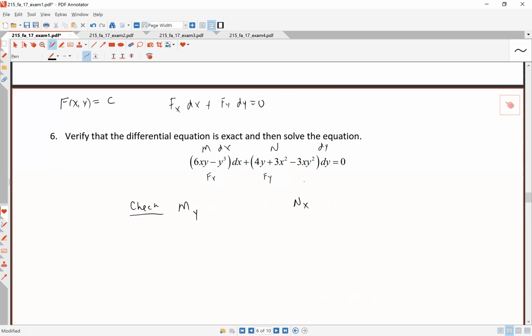So this is the check if it's exact or not. And if this is M, then My is 6x minus 3y squared, and Nx is 6x minus 3y squared.